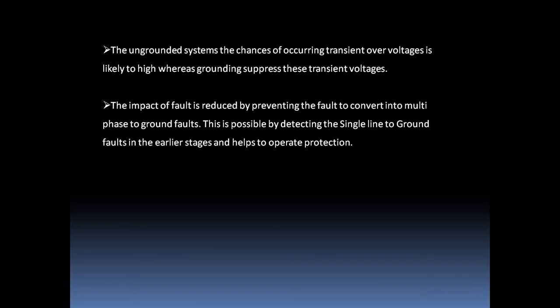But by providing the grounding, we can detect the single line to ground faults at the earlier stages, and we can help operate the protection. Thereby we can safeguard the generator.